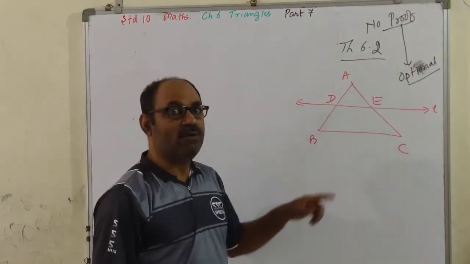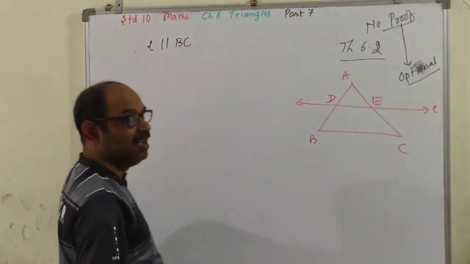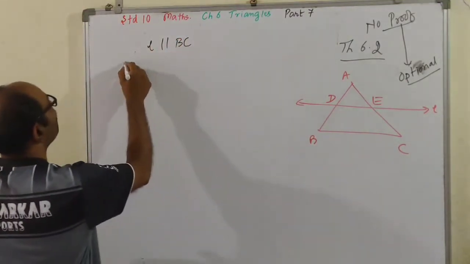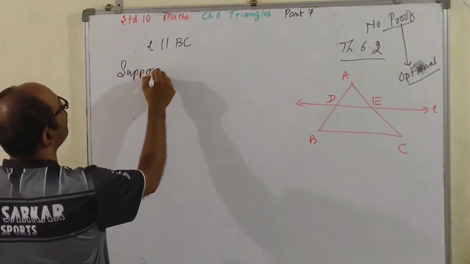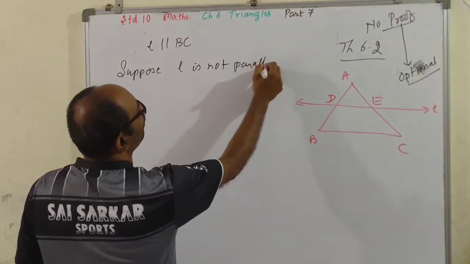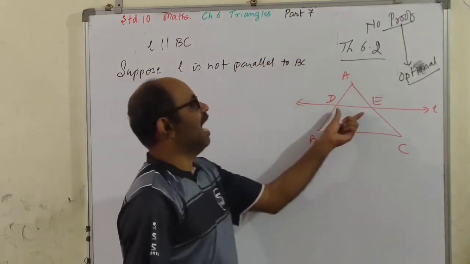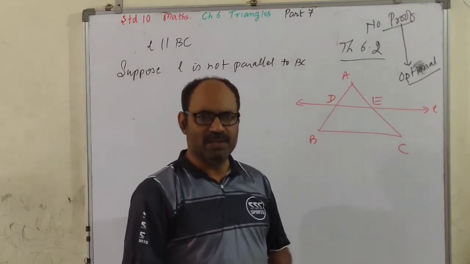Now, we have to prove L is parallel to BC, right? We suppose L is not parallel to BC. This line L, it's not parallel to BC.